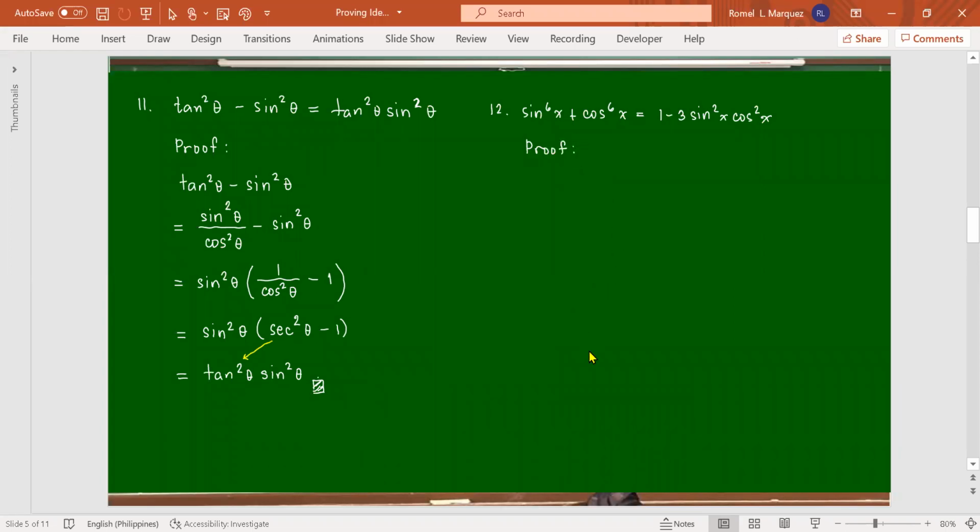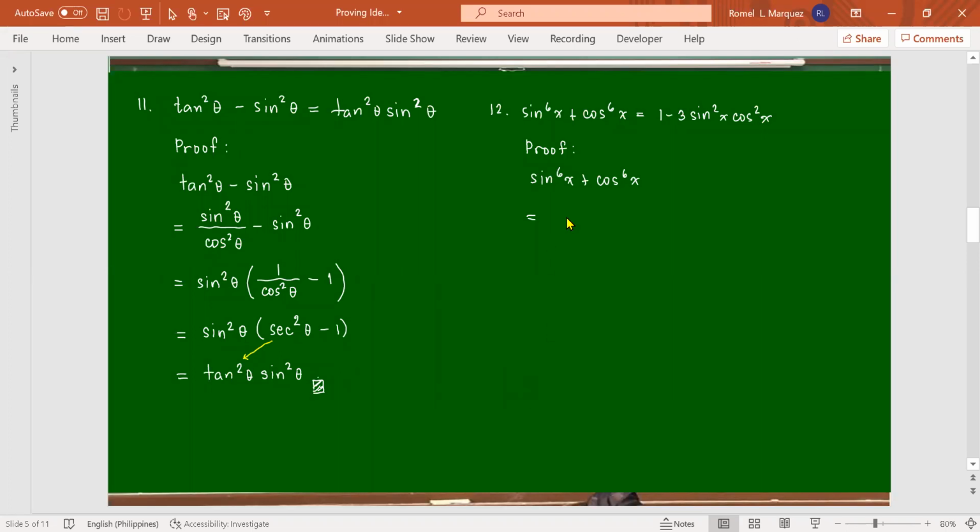I think it's better to work on the left side because this involves higher power compared to the right side. The way you see it, we can treat this as sum of two cubes. Or possibly, we express cosine to the 6 as cosine squared raised to 3. So let's see what the better option is.